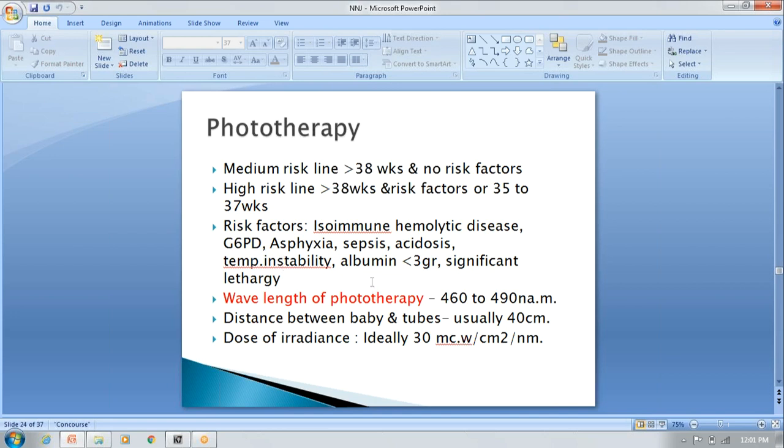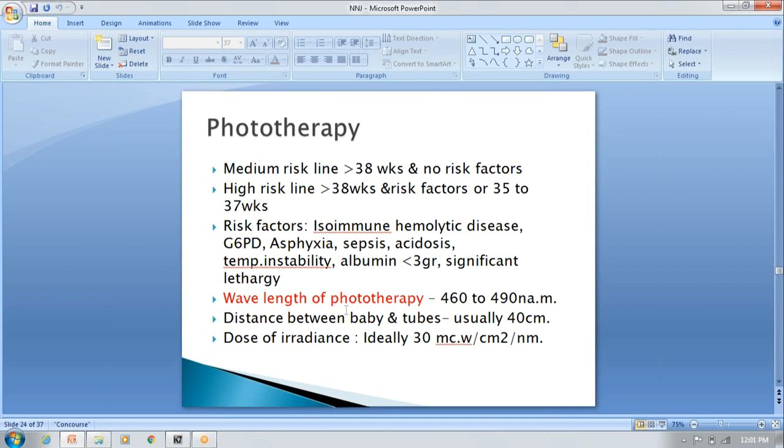So what wavelength is used in phototherapy? Usually 460 to 490 nanometers, and the distance between the baby and the lights should be at least 30 to 40 centimeters. It should not be very close to the baby, otherwise the skin may burn or the baby may even die.